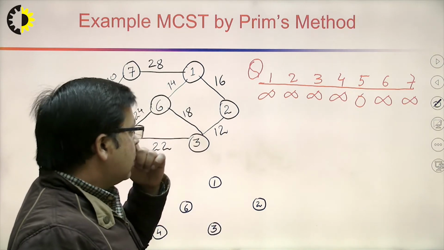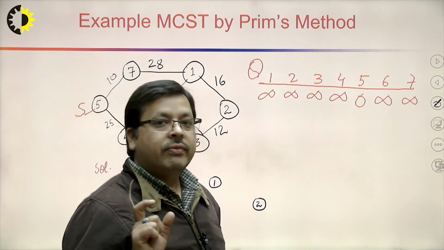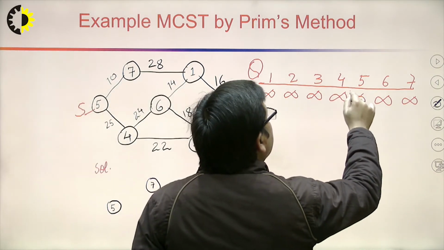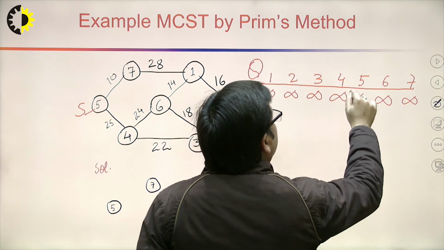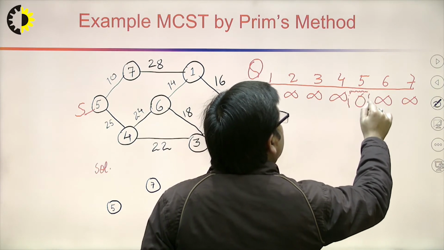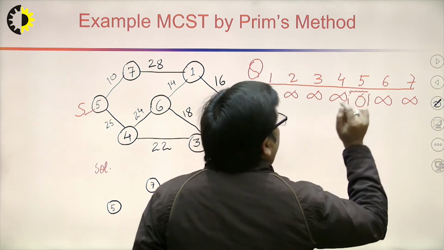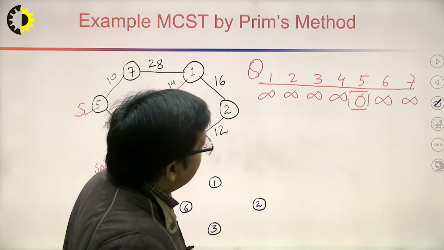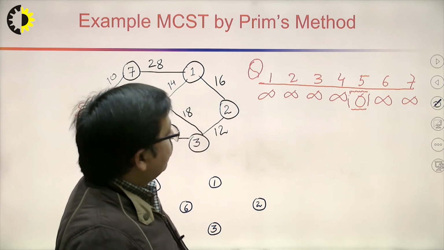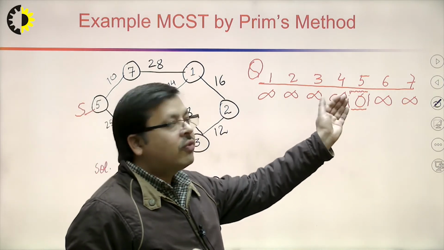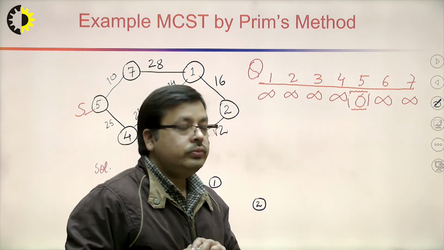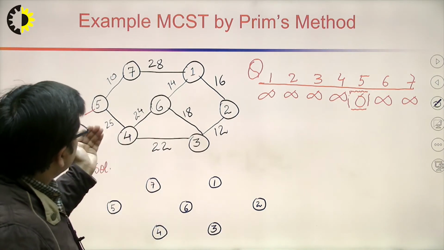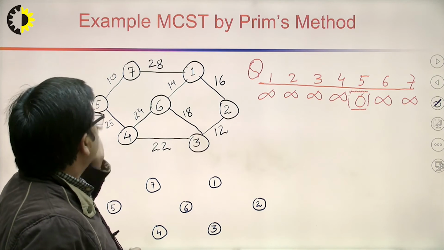Now, we extract the minimum weight vertex from the queue. So, node 5 is coming out. When node 5 comes out, we look at all the adjacent vertices of vertex 5.